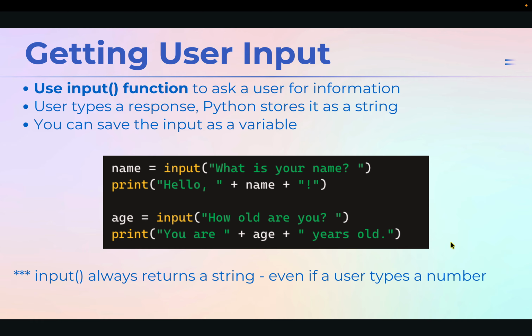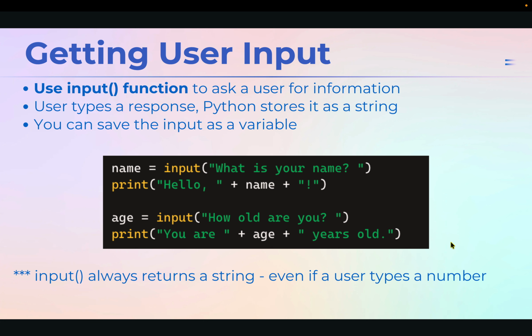I want to pass this information into my program, etc. So if you look at the screenshot we have here of some code, you see it says name equals input. And inside of the parentheses, it's basically saying, what is your name? So when you would run this code, the code would basically say to the user, what is your name? And then the user is expected to type in their response and click enter.